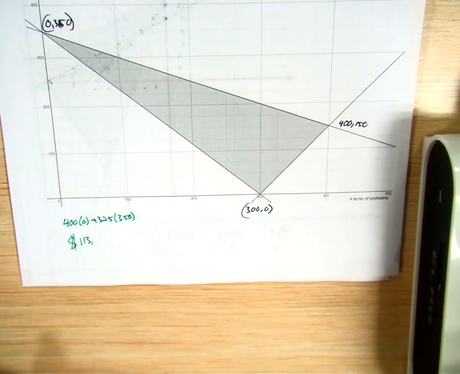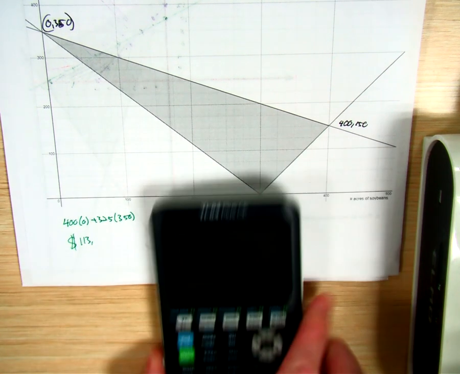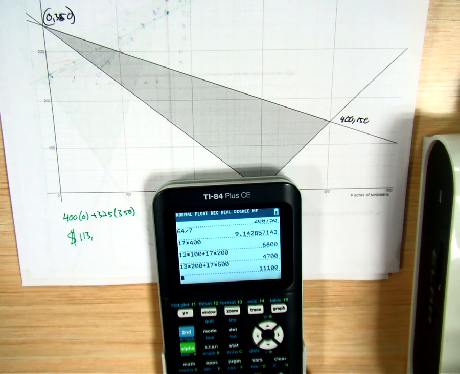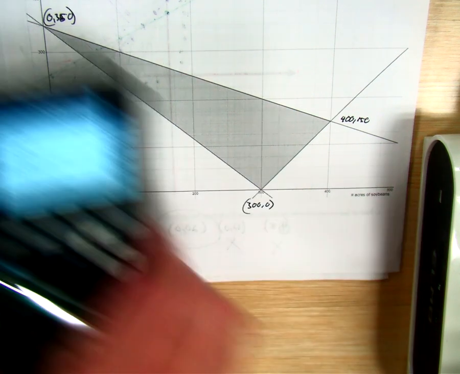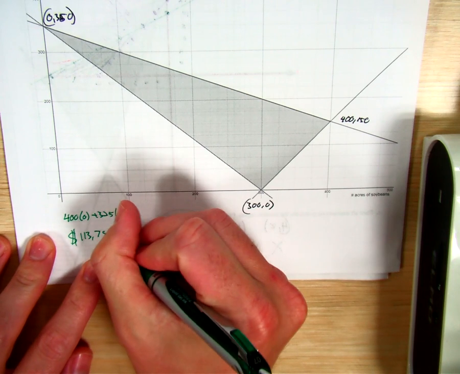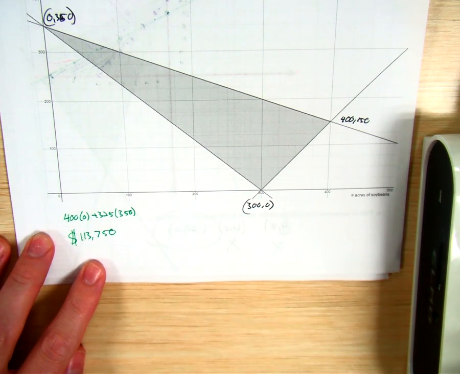Oh, now I'm going to have to type it in again because I can't read that. Is it 750? 400 times 0 plus 325 times 350. Probably don't need to do the 400 times 0 part. 750. There it is. Okay, there's your first one.